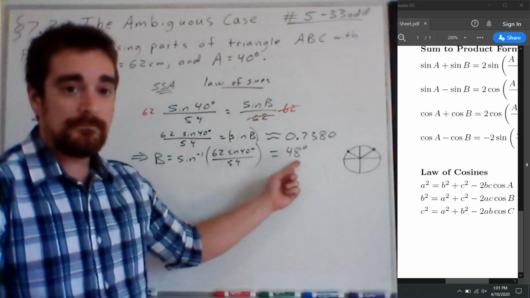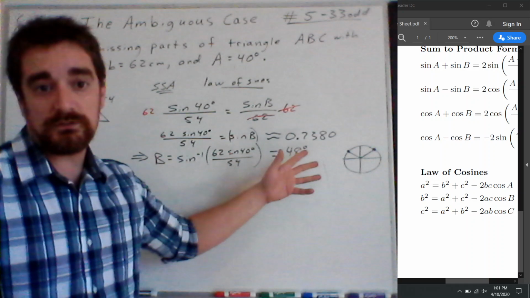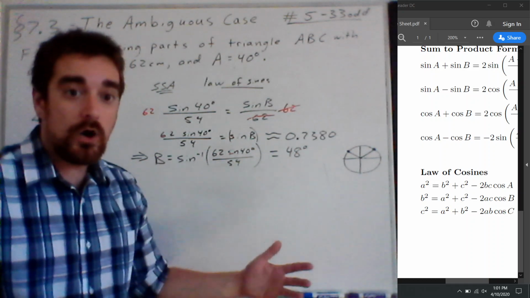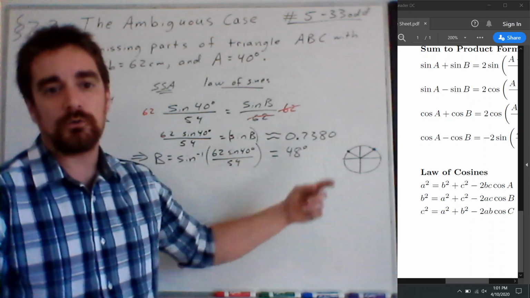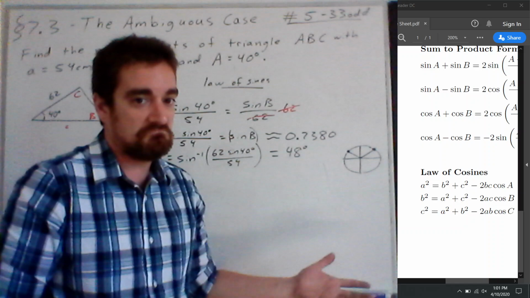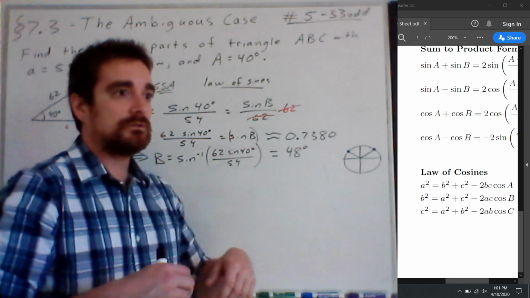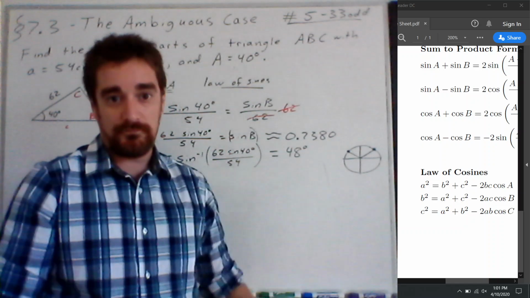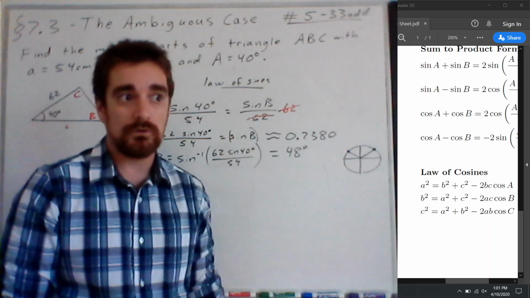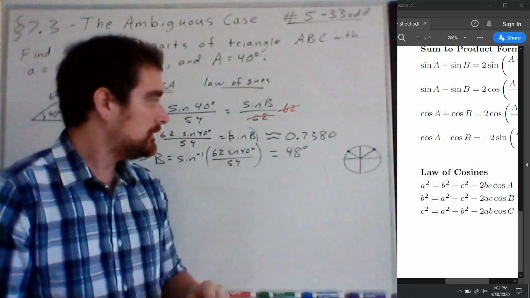So it says your angle is a positive 48 degrees, but the calculator doesn't know whether it's the one in quadrant 1 or in quadrant 2. So we have two situations.